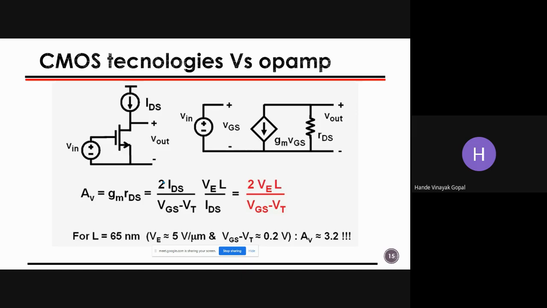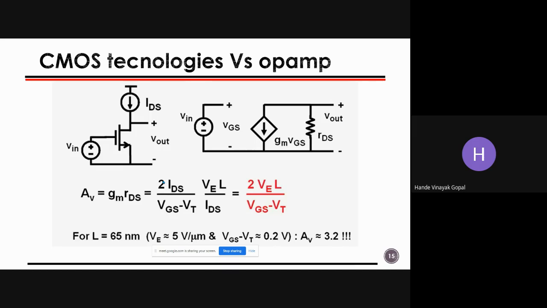But yes, AV is 3.2, from which we can say that it is really a problem because the intrinsic gain itself is small, right? And even if I try to increase my Vin, my gm is limited.